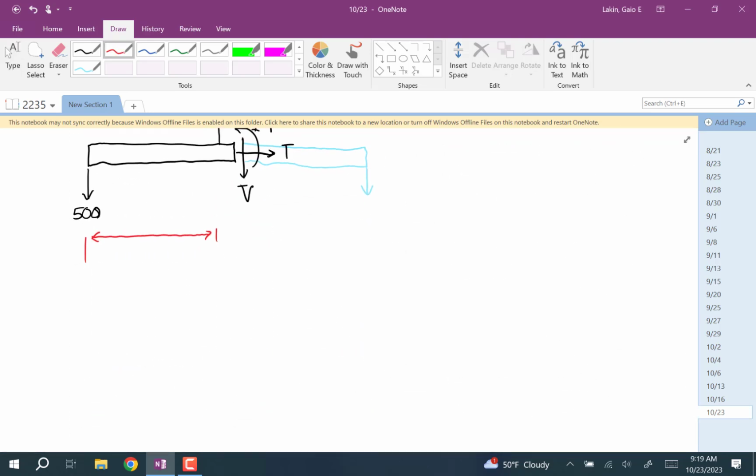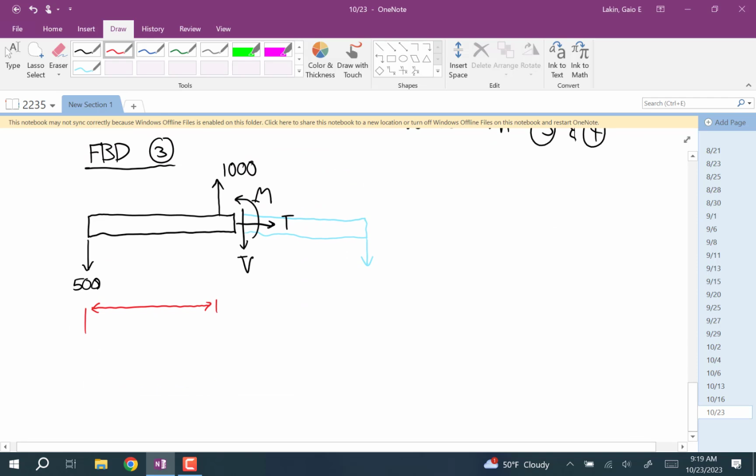Okay, so what's the distance between the left end and the 1,000 Newton force? 0.5, yep, and that doesn't change. We'll see that when we draw free body diagram 4 also. But this distance is still going to be x.